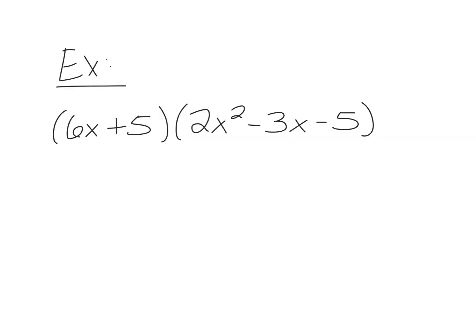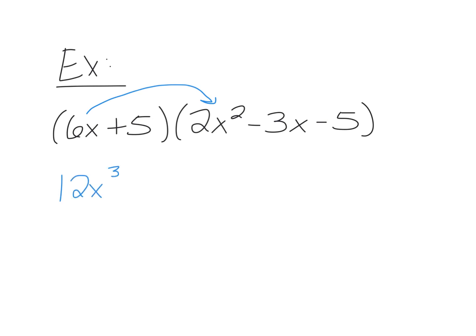How is this going to change? Now we have a polynomial, but what do you notice about the second one? How many terms does it have? Has 3. Okay, is that going to change anything? No, you just have an extra term to take to each one. So you're always going to start with your first term, 6x, distribute it to all terms in the second polynomial. So we have 6x times 2x squared. What's my new exponent on that one? 12x cubed.